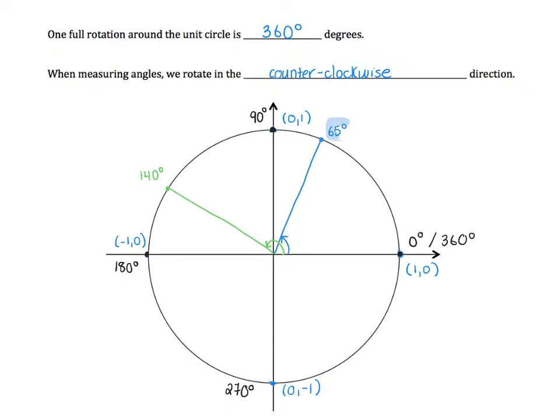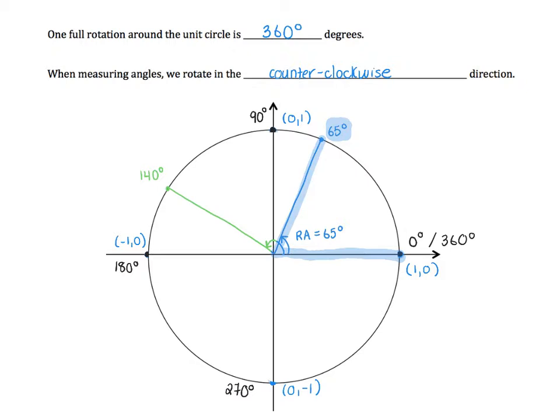This one right here. Its reference angle is pretty obvious. What angle does this angle make with the x-axis? Well, that's pretty clear. The reference angle is 65 degrees. So I'm going to say reference angle is 65 degrees.